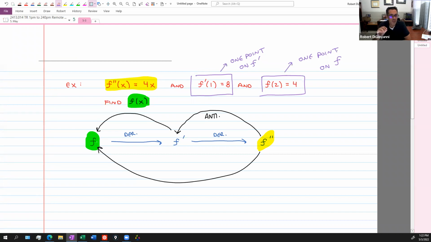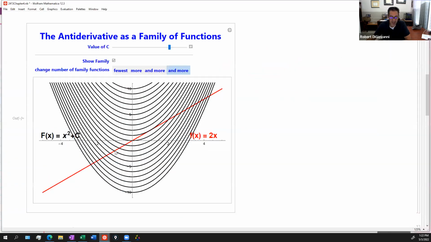So what that allows you to do is, when you go backwards, instead of looking at all these possibilities, if I give you a point on this graph, like let's say I give you some point and I say that point has to live on the function, then now you know which function it is, don't you? That nails down the precise function. So we should be able to go backwards so long as we have this additional information.